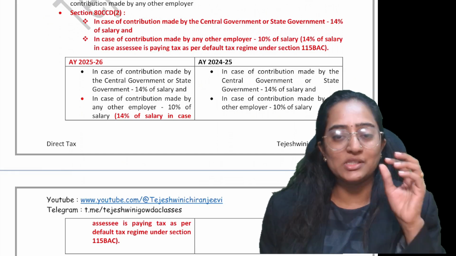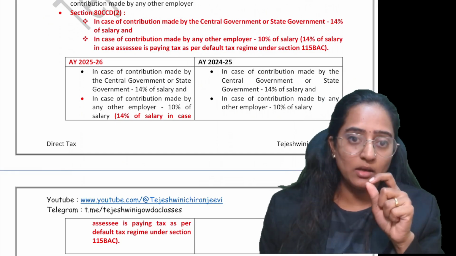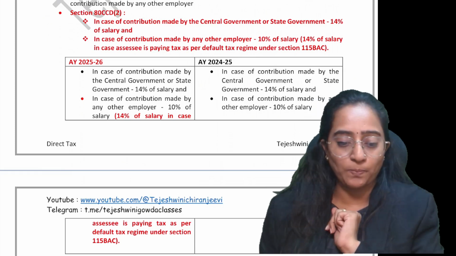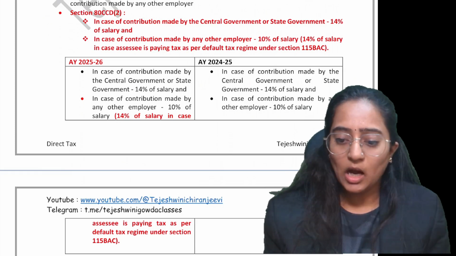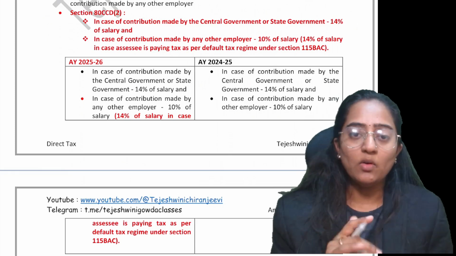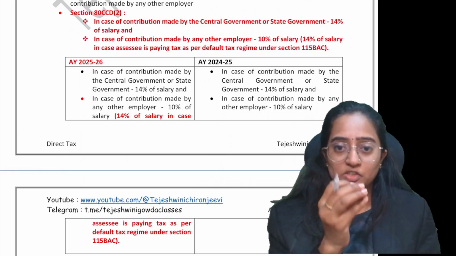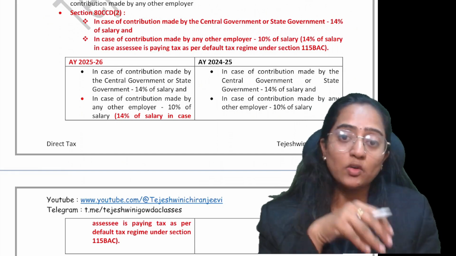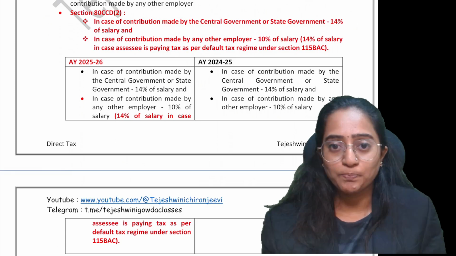Employee contribution is coming under 80CCD(1). Employer contribution is coming under 80CCD(2). Now, government, if it is contributing, it was 14% only. See now, how much of the deduction that you can take from the employer contribution.